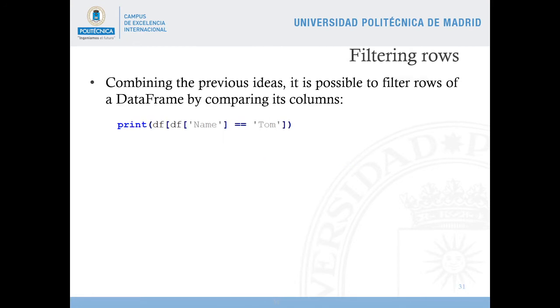So the next step is to combine the ideas. By comparing with an element, we can obtain a series, and of course it will be a series with the same number of elements as rows we have in the data frame. So we can compare here, which will return a series, and use it to filter our data frame.